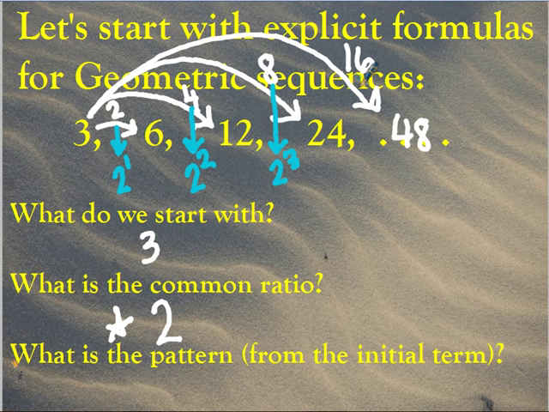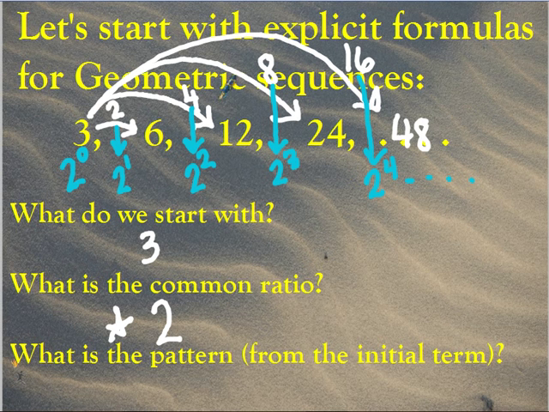And this pattern is going to continue as well. 16 is 2 to the fourth power. And this can go on and on and on. By the way, to get from 3 to itself, we multiply by 1, which is actually 2 to the 0 power.